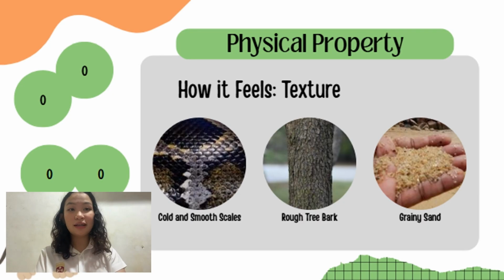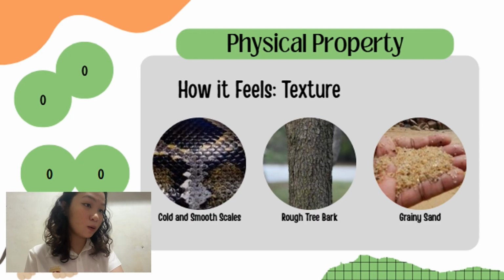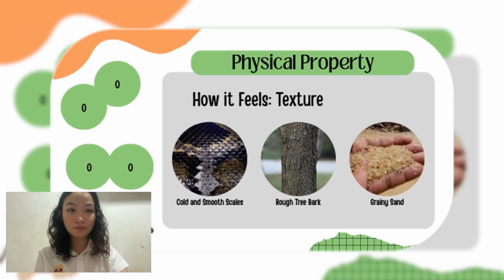The next one is how something feels, or its texture. My examples are, the first one, the snake scales feel cold and smooth to touch. The second one is the bark of the tree is rough. The last one is the sand in the play area is grainy.